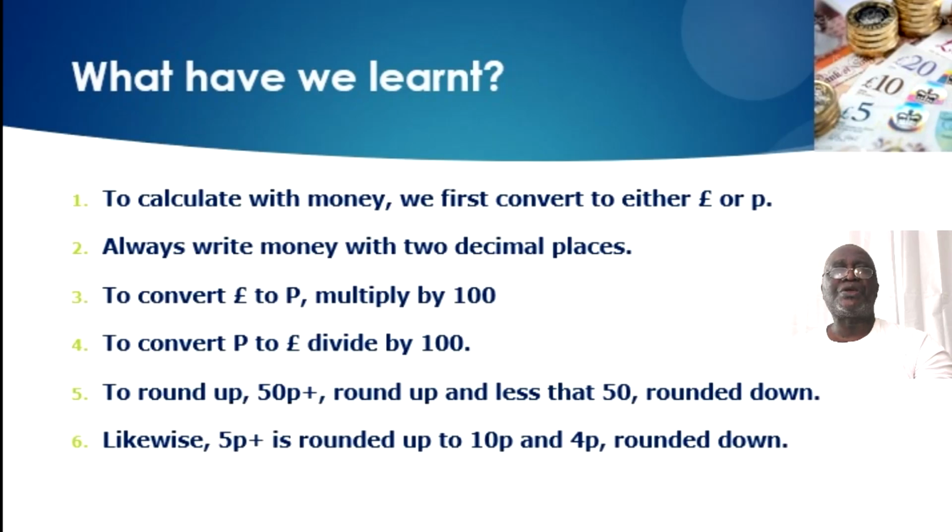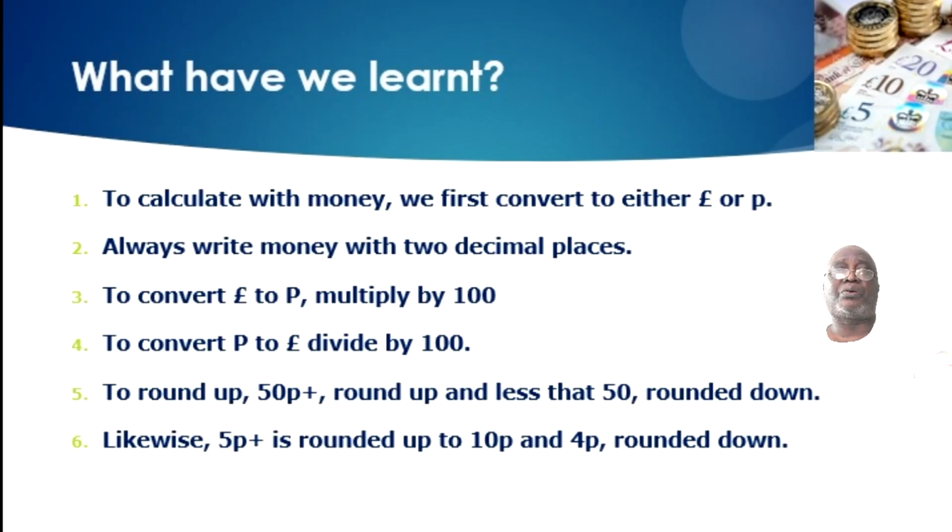When you're writing money, you have to give it 2 decimal places, because in money you cannot say £2.9 for £2.90. It has to be £2.90, and so on. When you want to convert, if it is pence to pounds, or pounds to pence, you either multiply or divide depending on the rule.